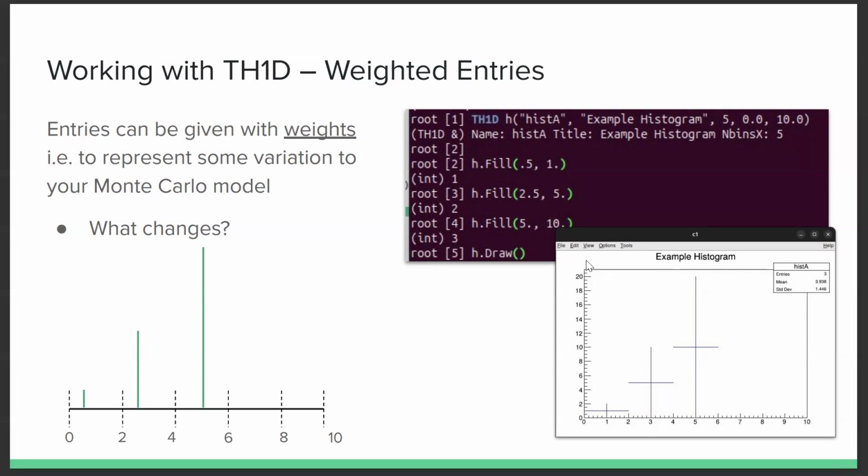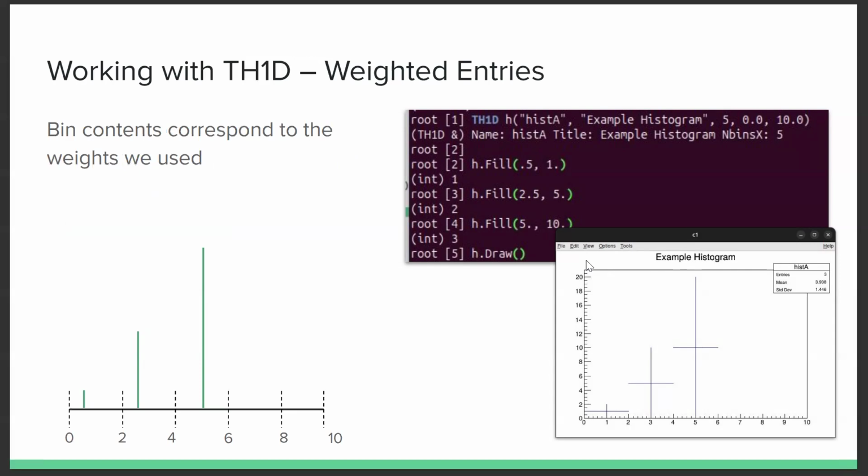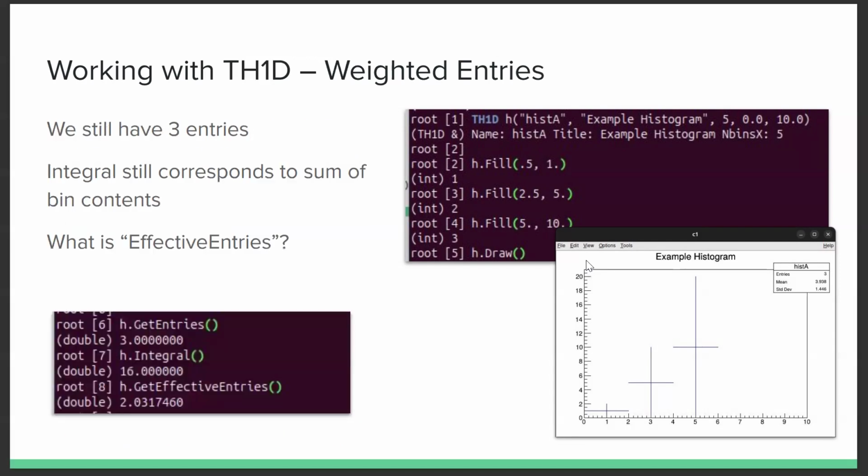And then the third one filled with a weight of 10, and you can see it's 10 times the size. Okay. So the bin contents correspond to the weights we use. That's good. We still have 3 entries, though, and the integral still corresponds to the sum of the bin contents. But there's a new method that I haven't talked about yet called effective entries that shows some weird number.